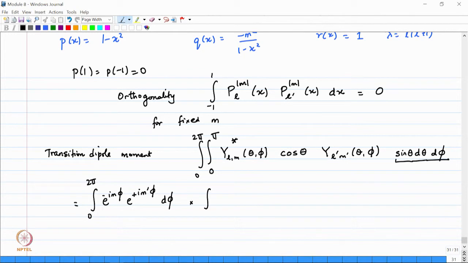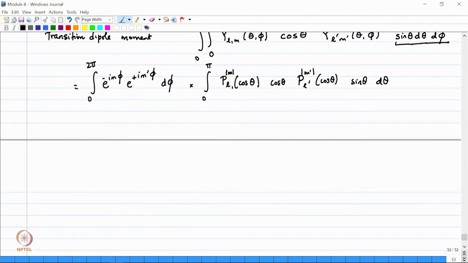Then I have a theta integral from 0 to pi of P_L^m of cos theta times cos theta times P_L'^m' of cos theta sin theta d theta.